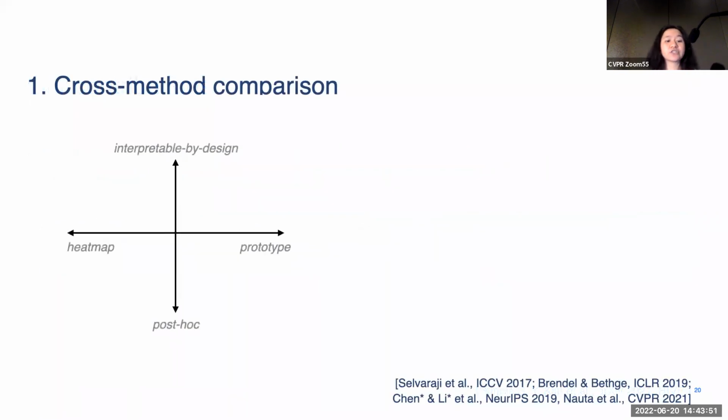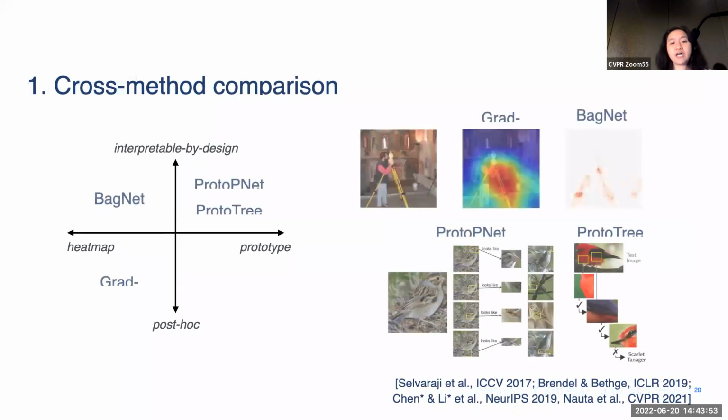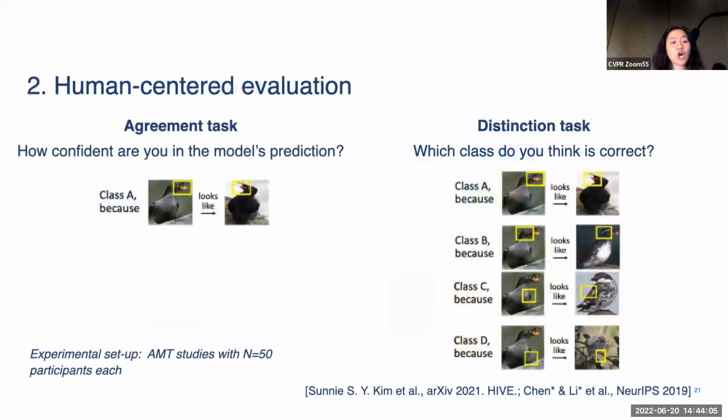In our initial study, we evaluate four methods: GradCam, BagNet, ProtoPNet, and ProtoTree. These techniques include both heat map and prototype-based explanations, as well as post-hoc techniques and interpretable by design methods. Our initial study included two tasks. The first, the agreement task, measured how confident a participant was in a model's prediction, given an explanation for a single prediction.